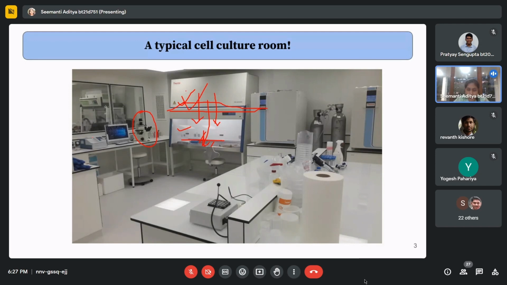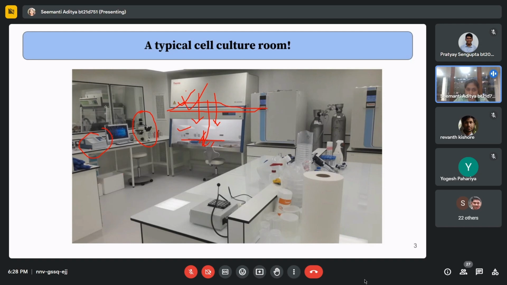A cell counter is generally required when we want to have an equal number of cells for all the conditions. Suppose we want control and treatment, different treatment 1, treatment 2, every other condition, we need to have an equal number of cells. So for that, we need to seed the cells in such a way that it is equal in all the 3 flasks.